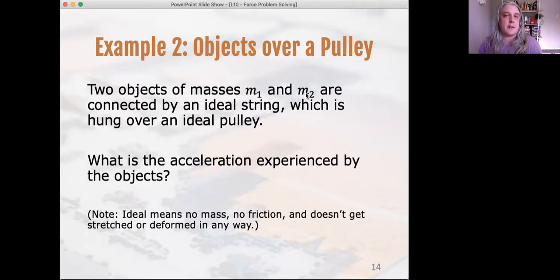So what we're going to get out is a formula, not a numerical result. And that's quite a common thing in physics too, because it means that we can figure out this system, and then we can put any two mass objects in and we know what will happen. We're not restricting ourselves to one version of this scenario. We're saying in general this scenario will behave in this way. So let's jump over to the document camera and work through this one.